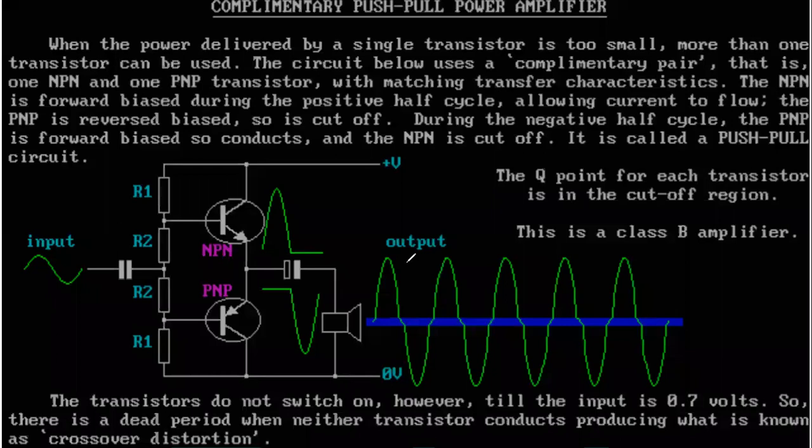During the first half cycle, this one is forward bias and this one is reverse bias. During the second half cycle, this one is forward bias, this one becomes reverse bias.